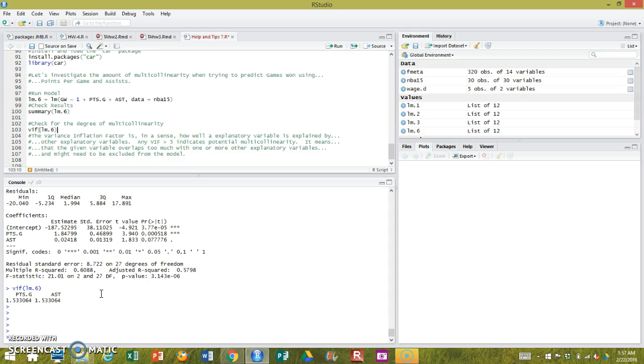And again, it's a very efficient function because, yeah, we could go through and do correlations between different variables and try to figure out what a limit might be, 0.7, 0.8, for a correlation that becomes problematic. But the VIF is direct. It's one command. It gives us all the information, and we can make a pretty good decision from here about what to do with each model, at least at this point.